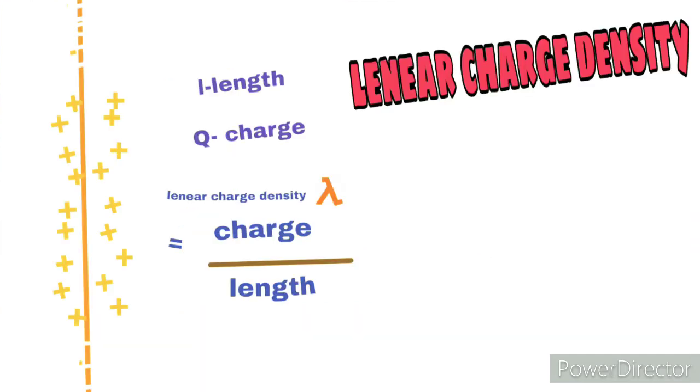Linear charge distribution. If a charge Q is distributed uniformly along a line conductor or a metal ring, then this type of charge distribution is called a linear charge distribution. It is expressed in terms of linear charge density, lambda, which is equal to charge per unit length.